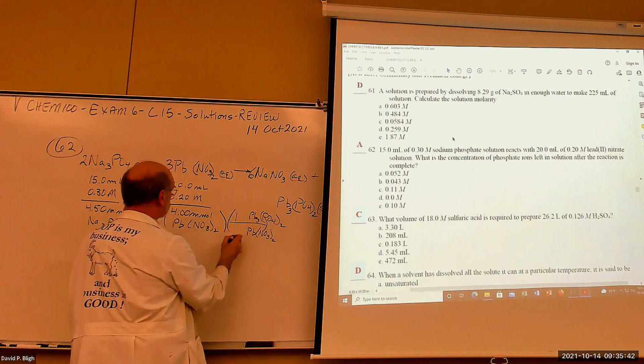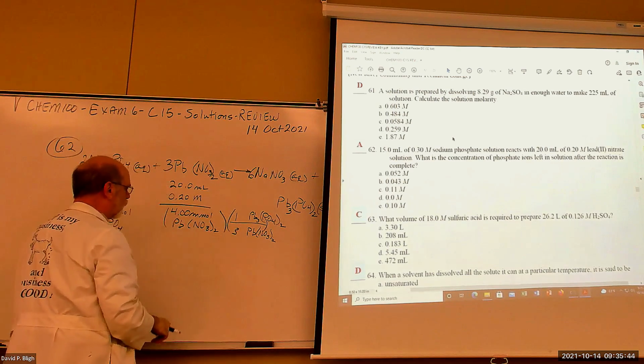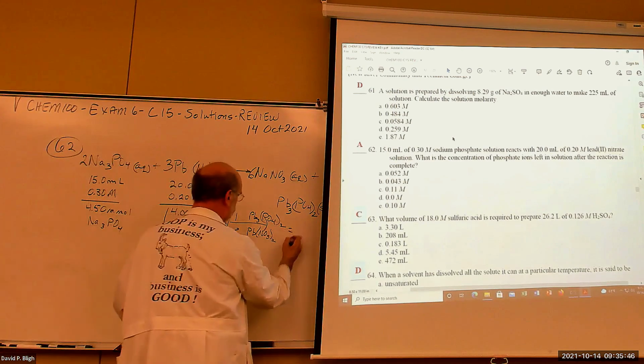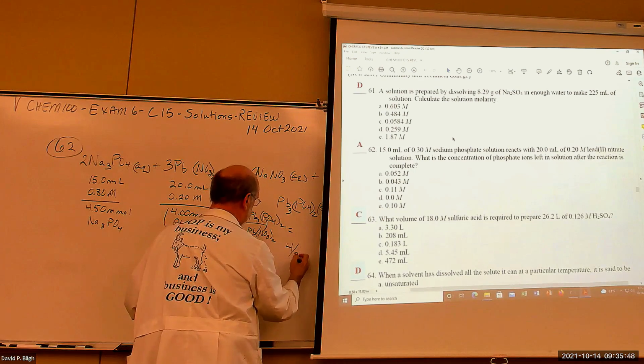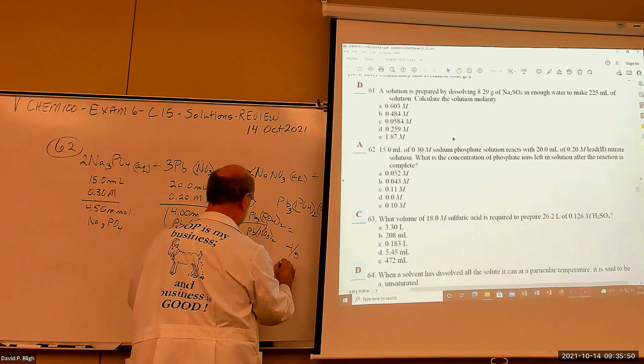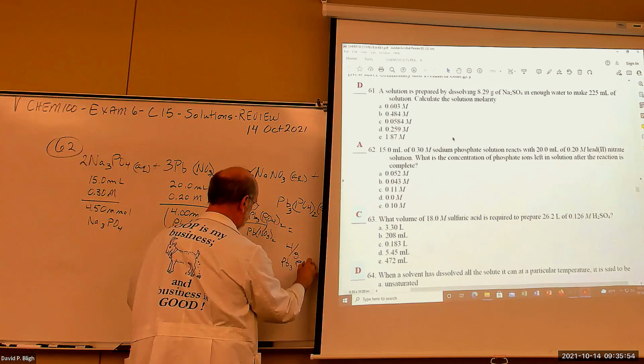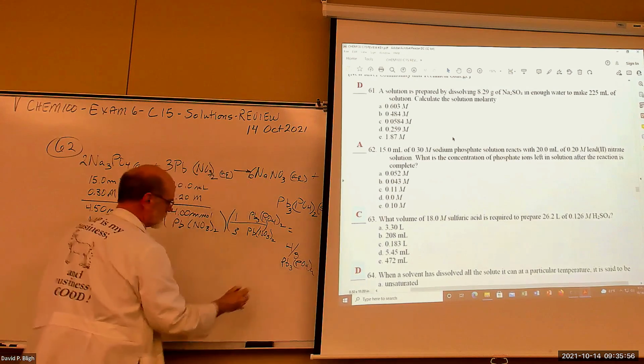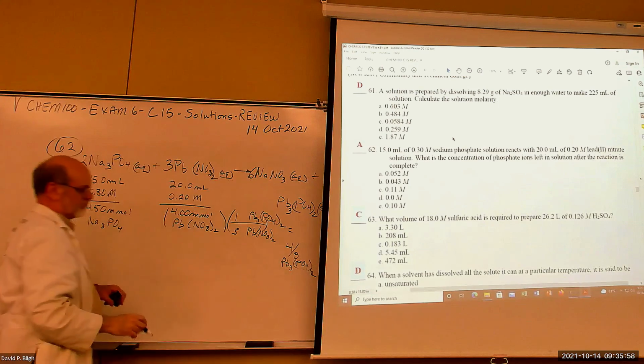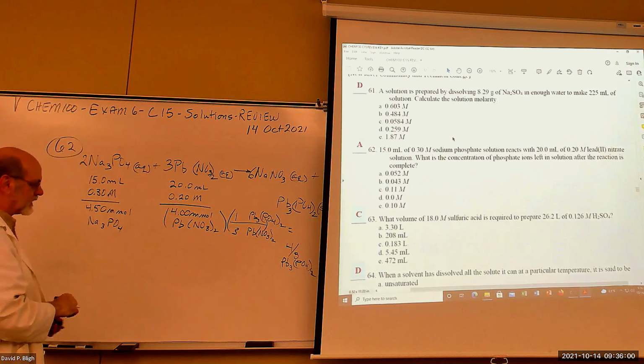So this is 1, this is 3. So 3 into 4 is 4/3 lead phosphate. I'll resolve that fraction if we need to.